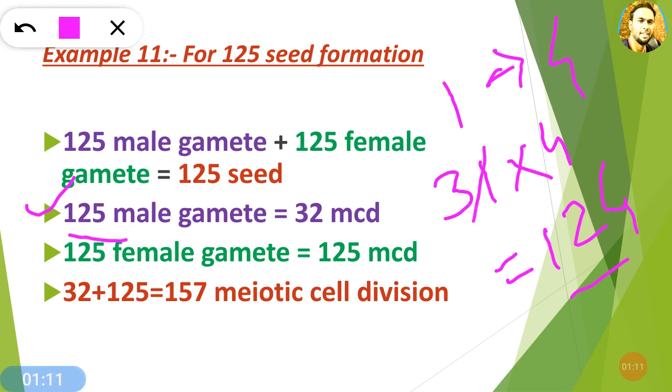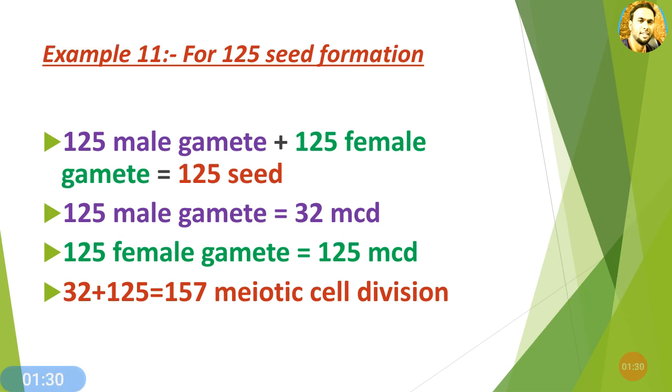So instead of 31, we'll take 32 meiotic cell divisions. So 32 into 4 is equal to 128. So this example fits for the production of 125 male gametes. So these 125 male gametes are produced by 32 meiotic cell divisions.